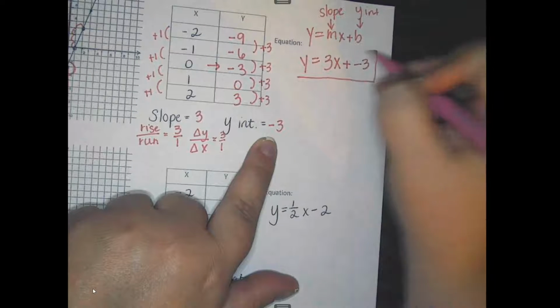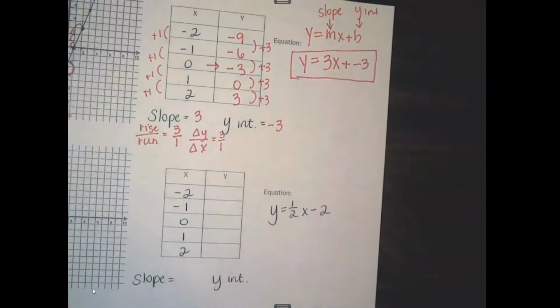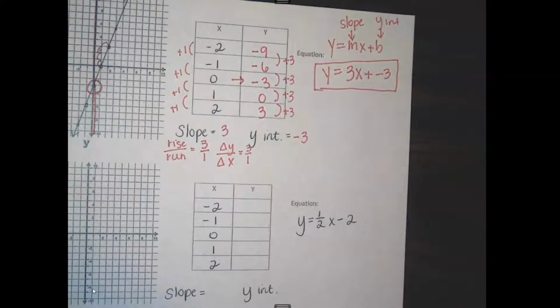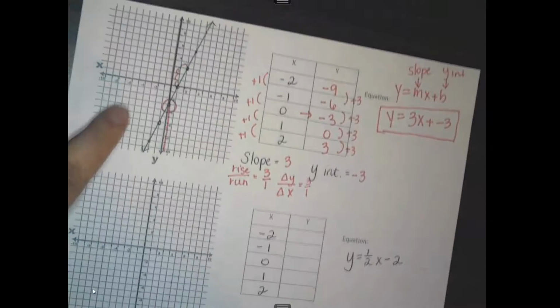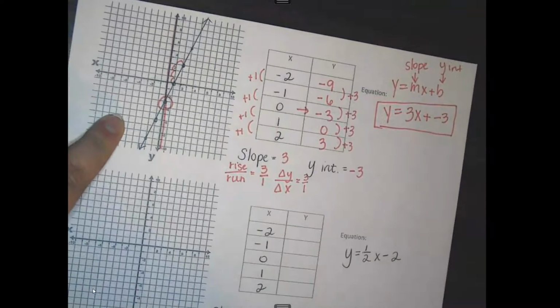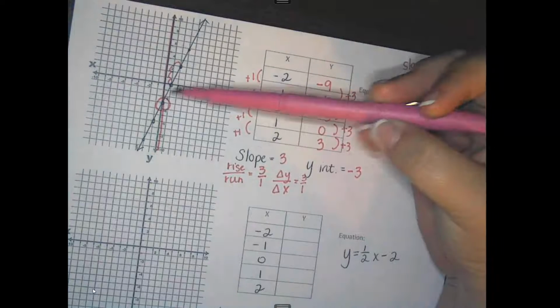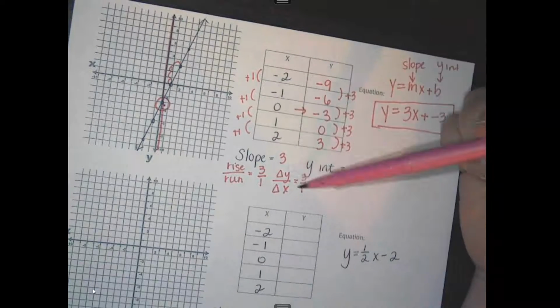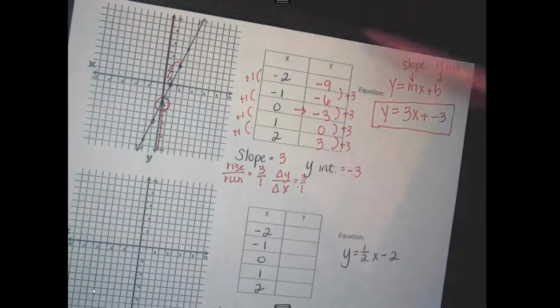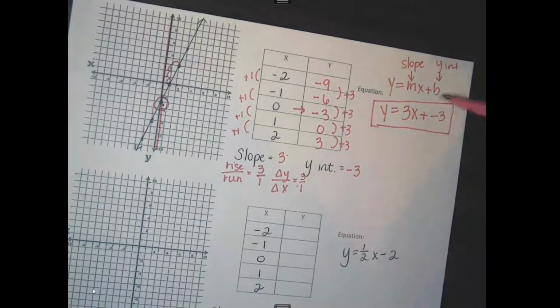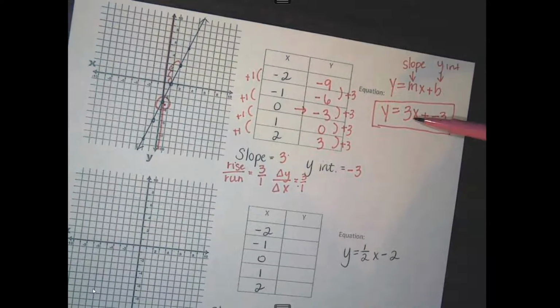So there is my equation. That would be if we were going from a graph. Okay, so find my slope, rise over run, find my y-intercept where it crosses. Look at my graph to find my table. Use that slope and that y-intercept to plug it into my equation.